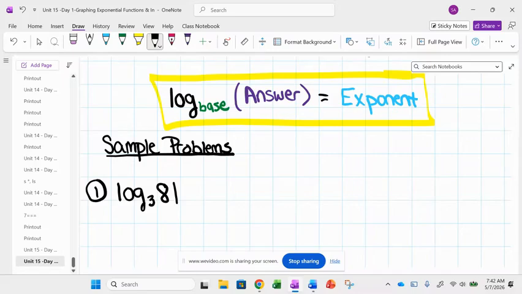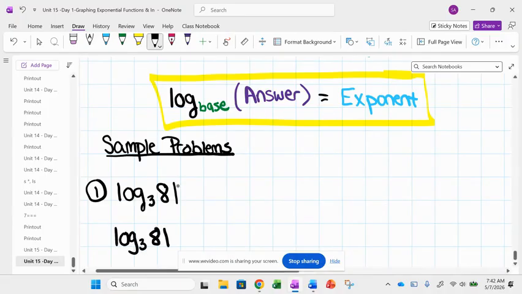Notice I don't have an equation. Do we all agree? This is not an equation. It doesn't need to be. When we have a log, it doesn't need to be an equation. If there is no equation, you can always, if it makes you feel better, write it underneath and write equals x.